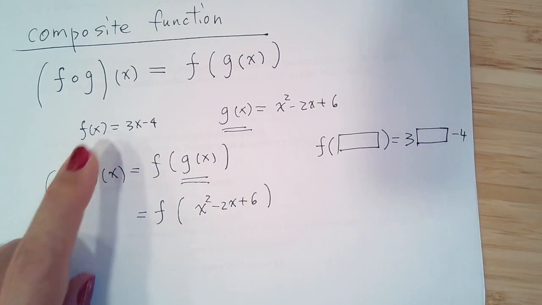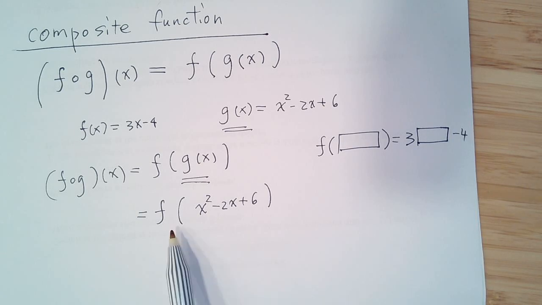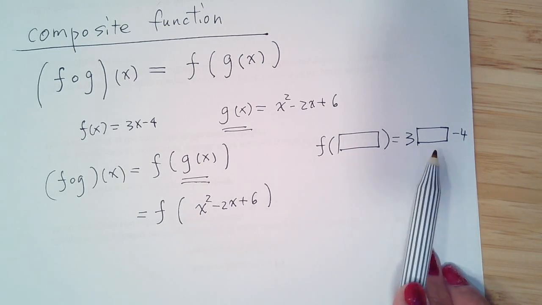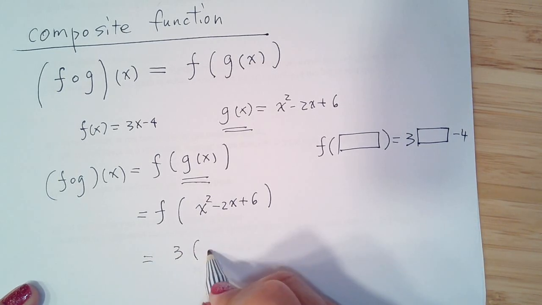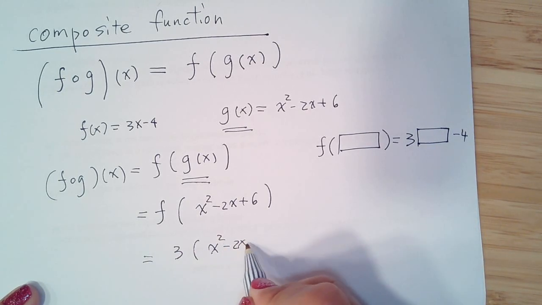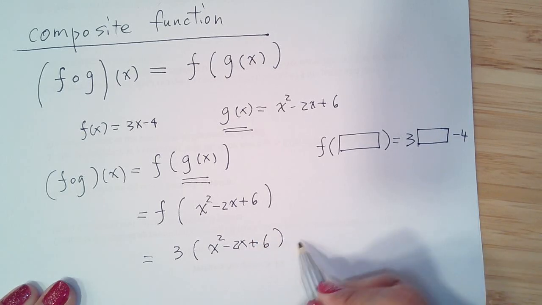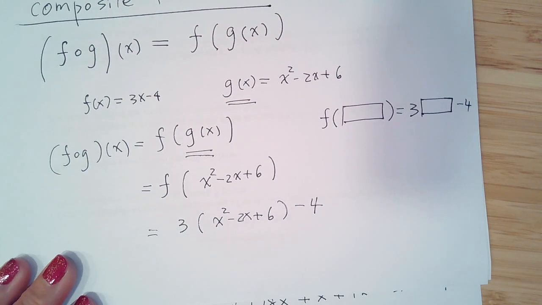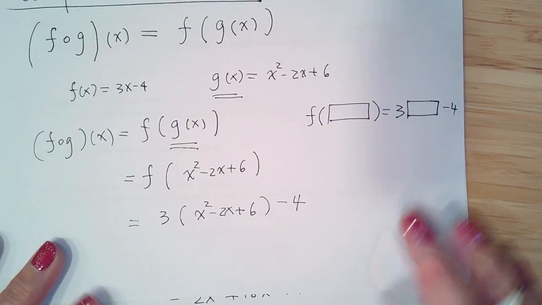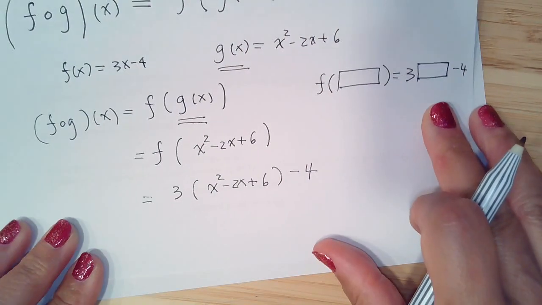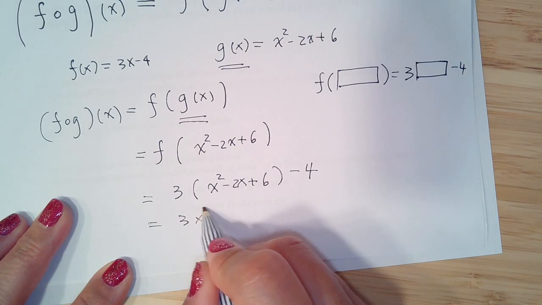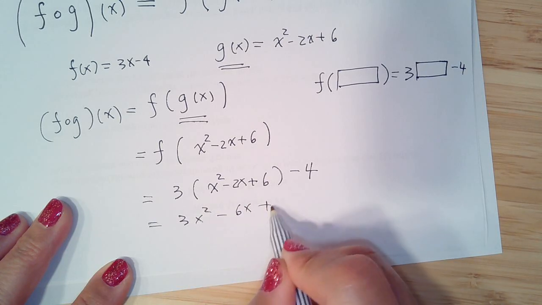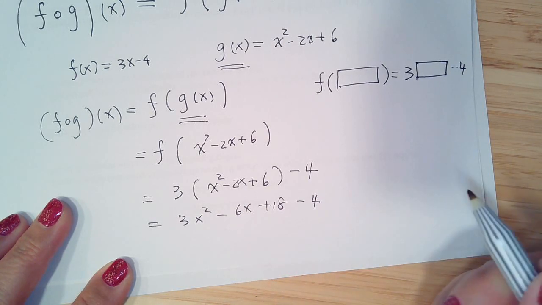Right now we use it. It's f of this guy. It's a long term. We put it in here and then in there. So that's 3 times x squared minus 2x plus 6, minus 4. Now life is easy. You can just go ahead, simplify, distribute that. You get 3x squared minus 6x plus 18 minus 4. Again, combine like terms.